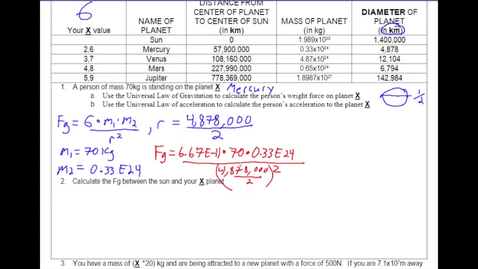I know this looks like a lot, but when you're plugging this into your calculator, just put parentheses here and parentheses on the bottom, and you should be good to go.